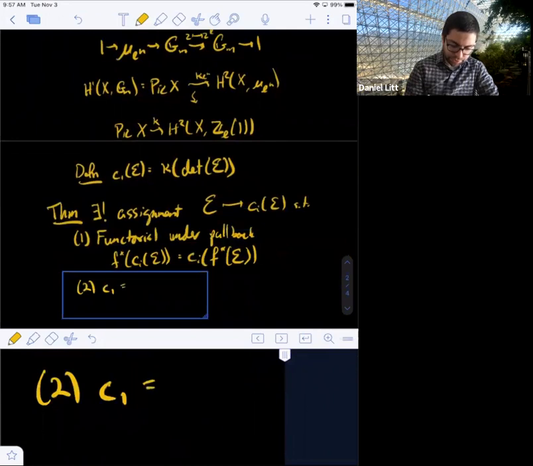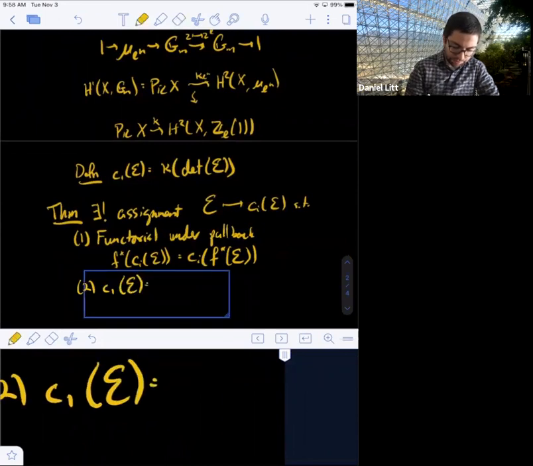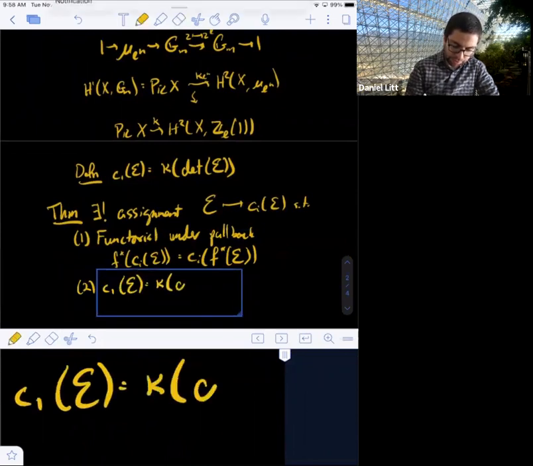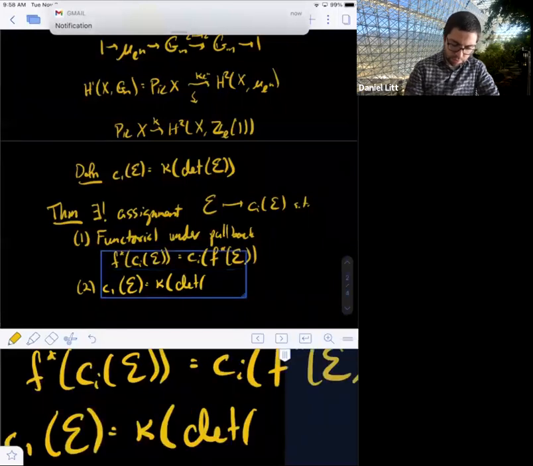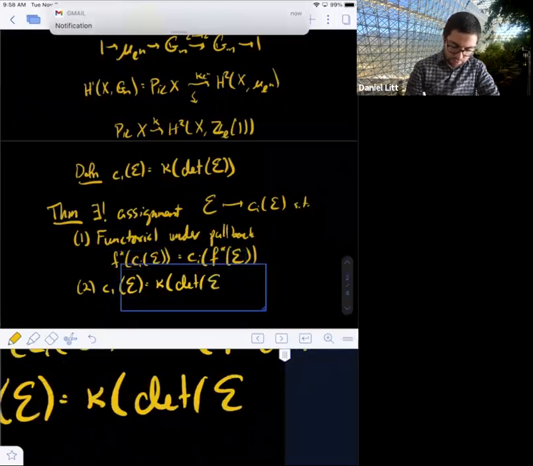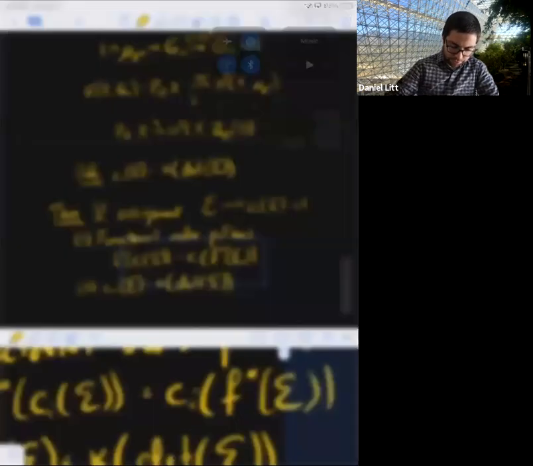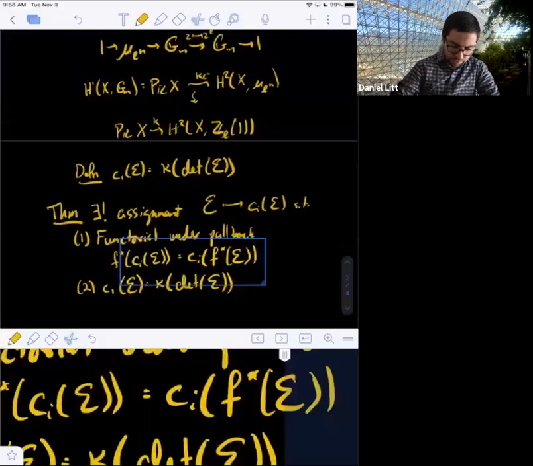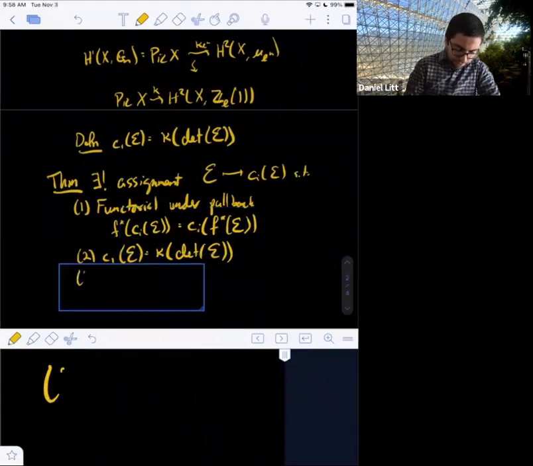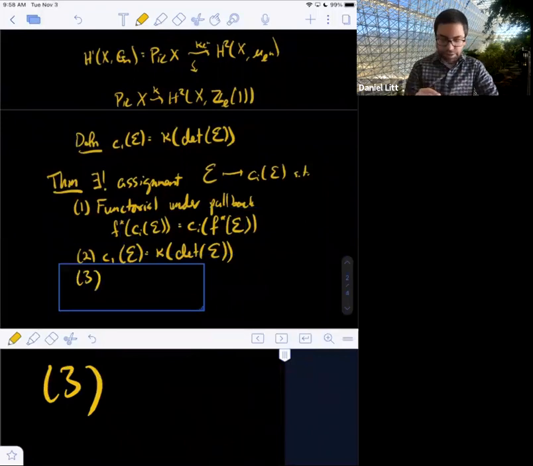So c_1 of E is kappa of the determinant of E. Sorry, let me turn off my notifications. And three, it's multiplicative under exact sequences.